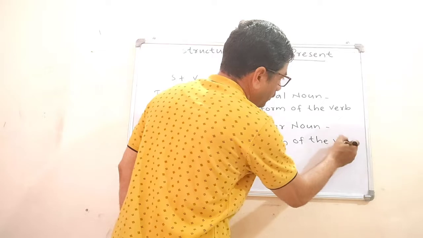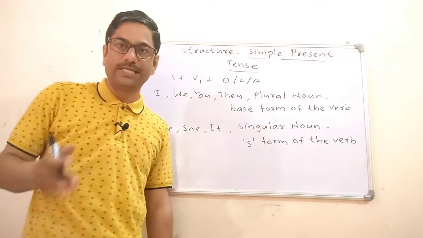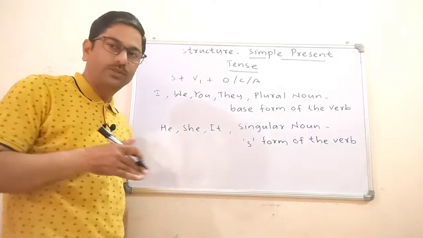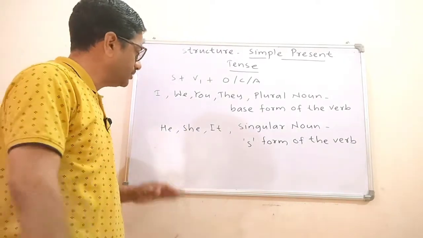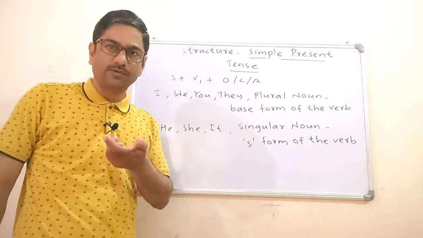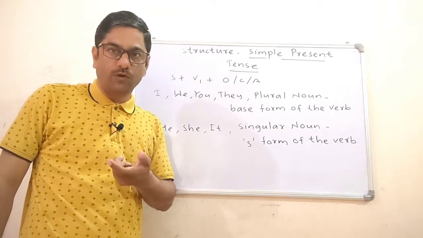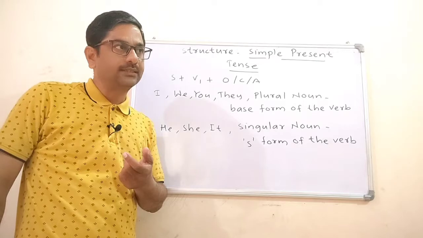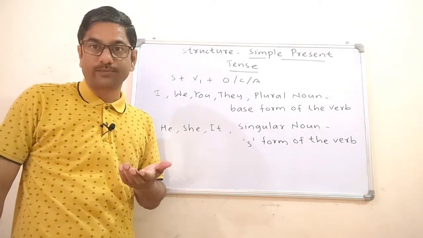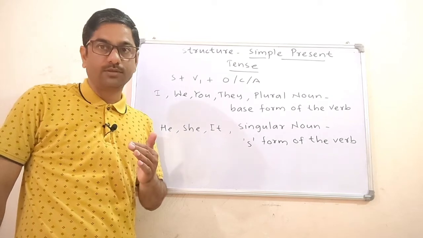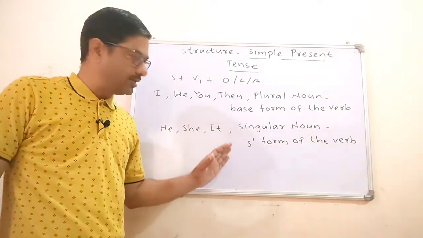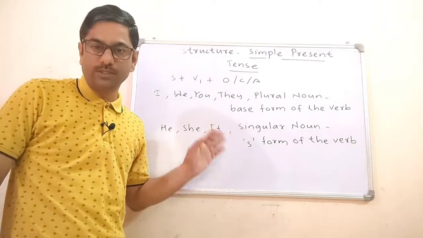That means you have to add s or es or ies depending upon the verb. Singular noun means, for example, a boy, a girl, a table, a fan, or the name of a boy, Ganesh, Sita. If such a noun is there, then you will make use of the s form of the verb.